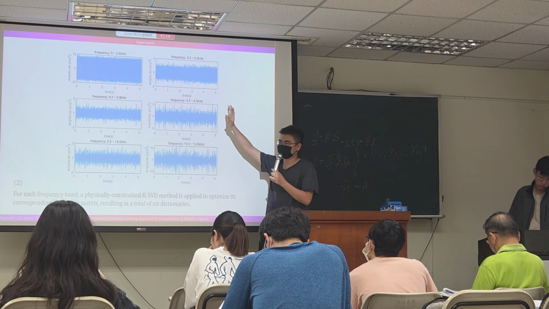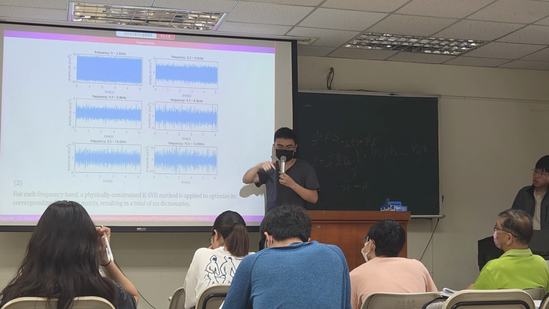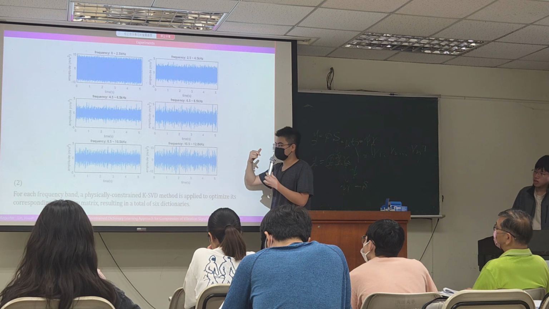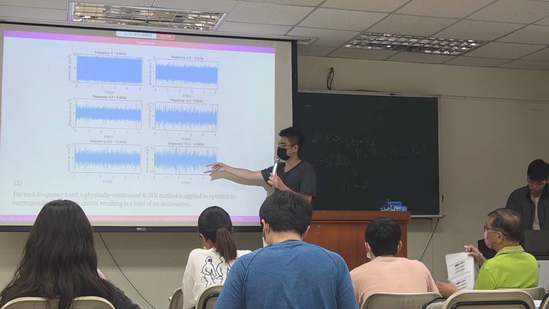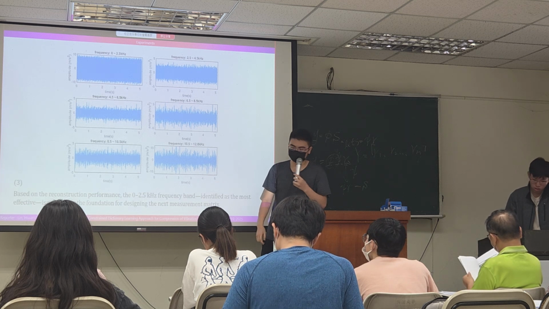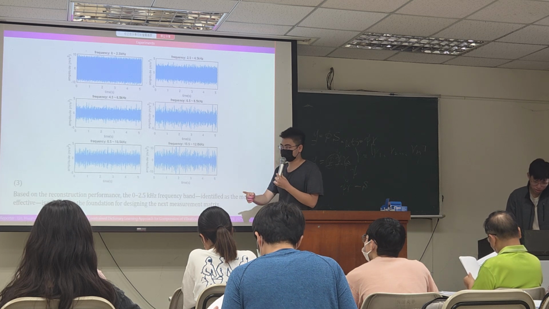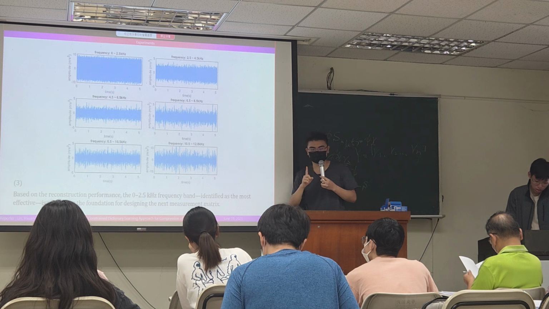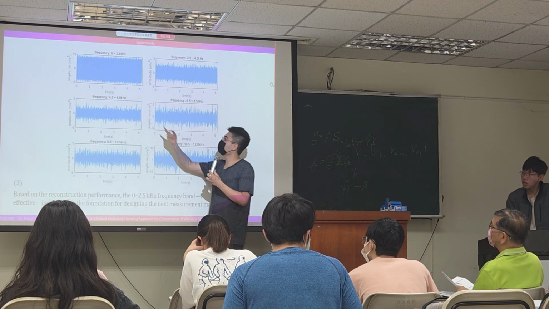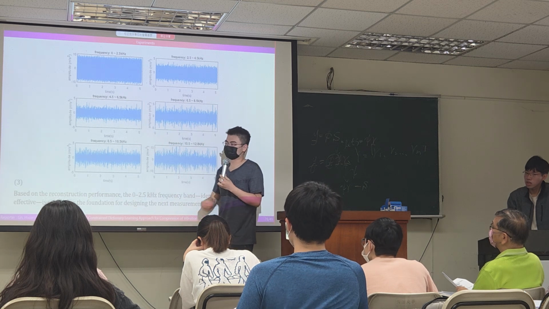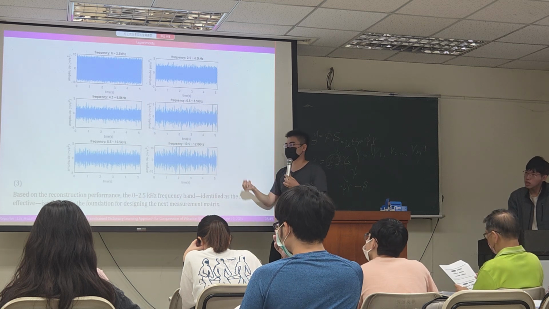We put these 6 into a dictionary, and we have the optimized dictionary matrix. And we select one to be the measurement matrix. Which one is better? The better one becomes the measurement matrix.